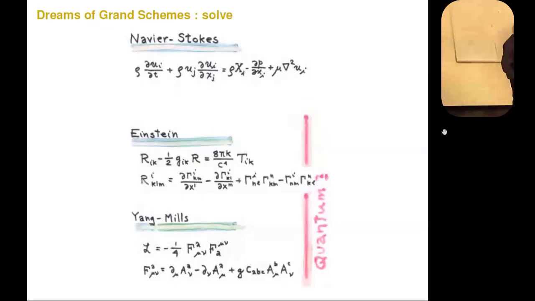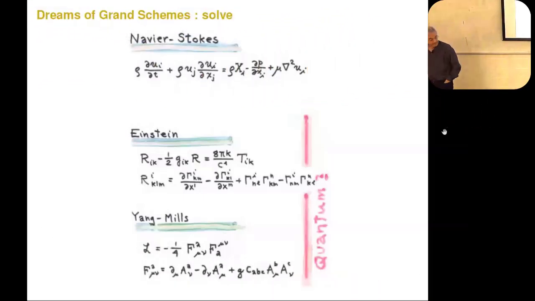To describe the theory, you have to write its classical Lagrangian function, and it's very beautiful. A generalization of electromagnetism with some colors added. It looks like electromagnetism, but it's nonlinear because gluons can couple to themselves.